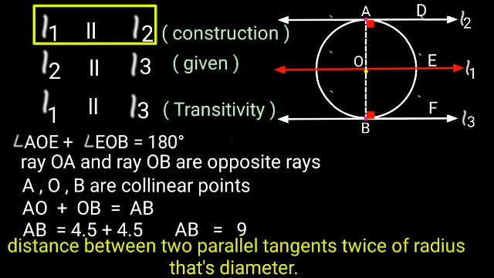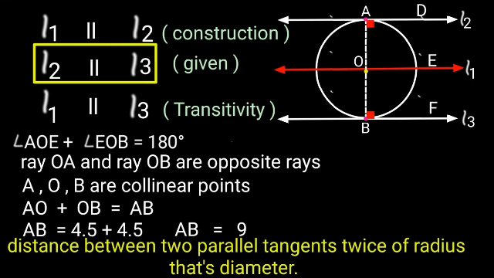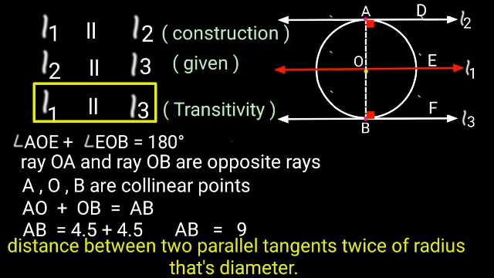Line L1 is parallel to line L2, that is our construction. Line L2 is parallel to line L3, that is our given. Hence, by the property of transitivity, L1 is parallel to L3.